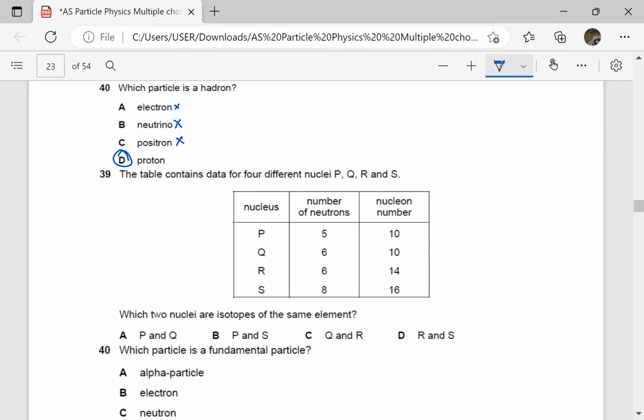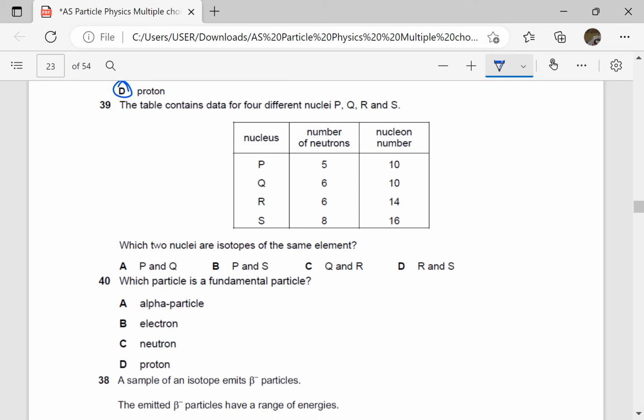The table contains data for 4 different nuclei, P, Q, R, and S. Which 2 nuclei are isotopes of the same element? So isotopes should have the same proton number. They have given us number of neutrons and number of nucleons. We can find the number of protons. For P, proton number is 10 minus 5, which is 5.